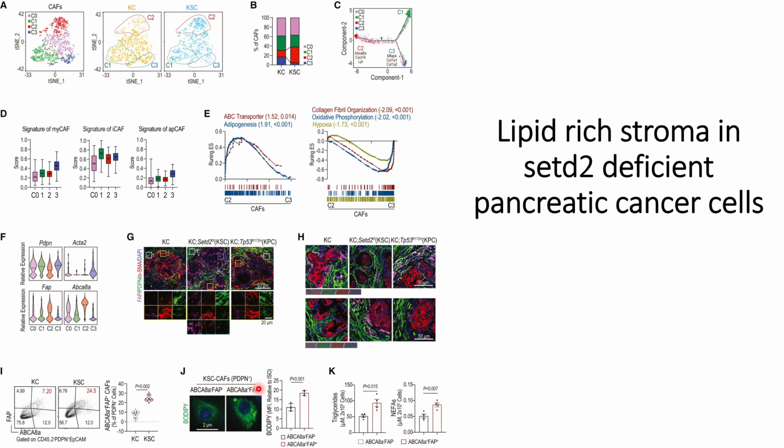Here we can see that the ABCA8A plus FAP plus cells are highly expressed in the KSC cancer-associated fibroblasts, and other lipid-rich stroma markers are also overexpressed.